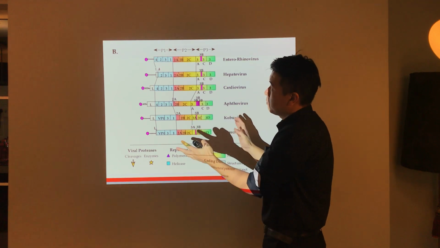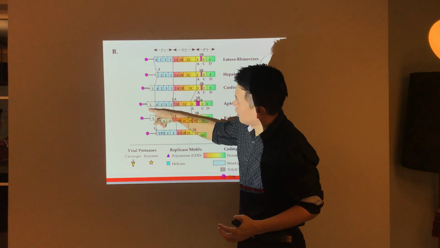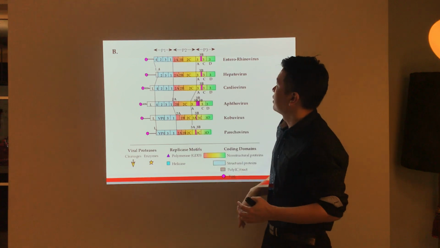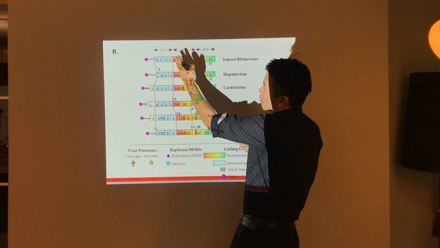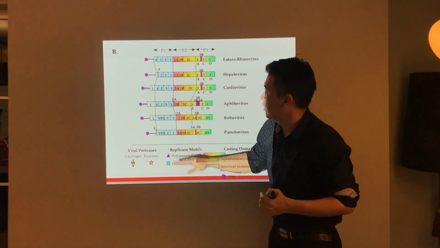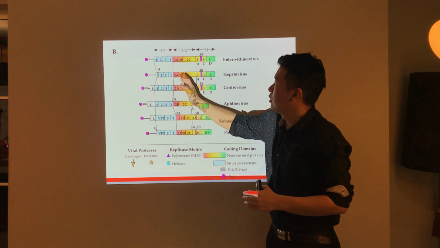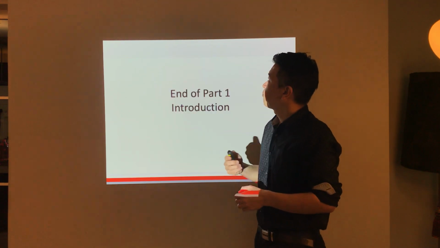Maybe not exactly the same, but it's quite similar. For example, here the difference is that we have L, but this one doesn't have L, and so on and so forth. But the arrangement is almost the same. We have P1, P2, P3, and then you have the capsid being formed here and the non-structural proteins located on the second half of the virus genome.